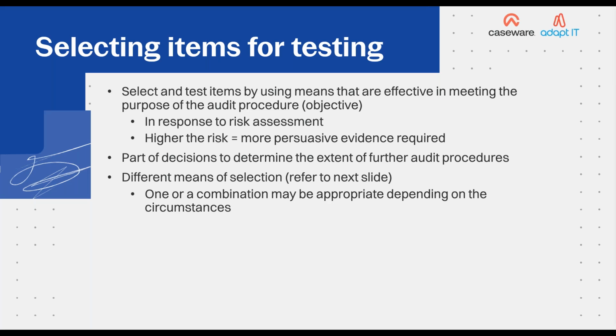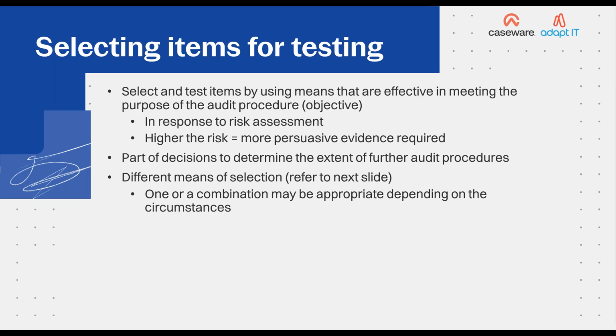Why? Because the higher the risk, as we said there on the slide, the more persuasive your audit evidence needs to be. Right, and then in terms of selecting the items, part of your decision is to determine how many to test. All right, and we will see that just now as well. We have different ways of selecting, and we'll see just now how I can select. But we don't just always go to sampling as a first resort.